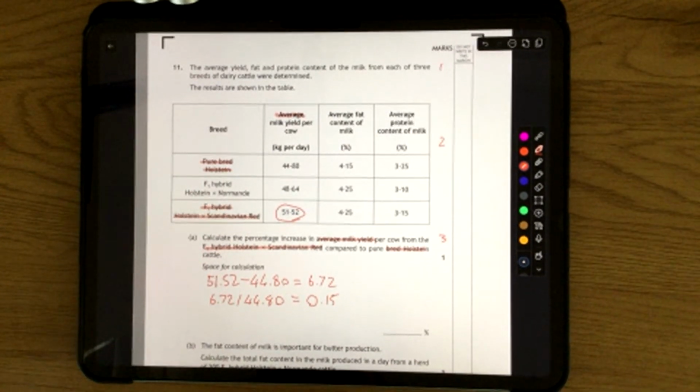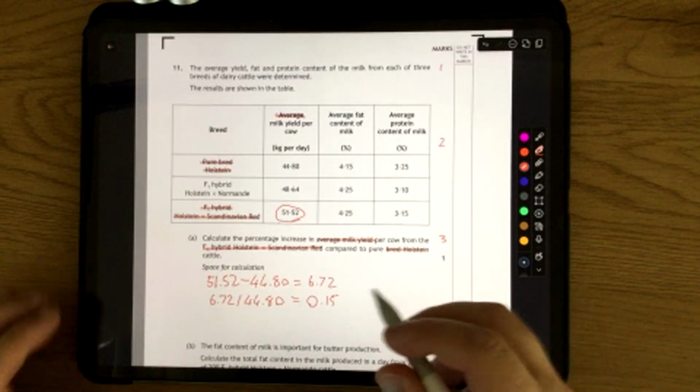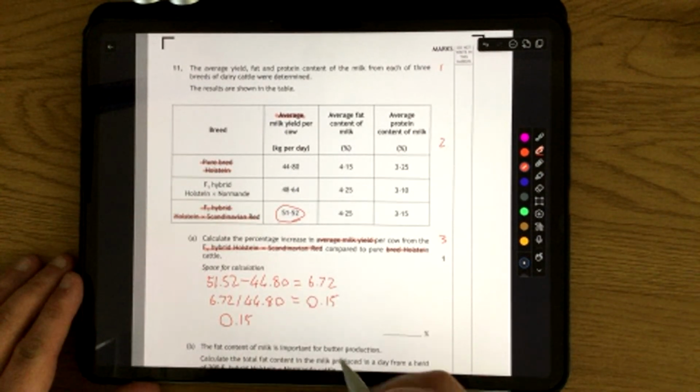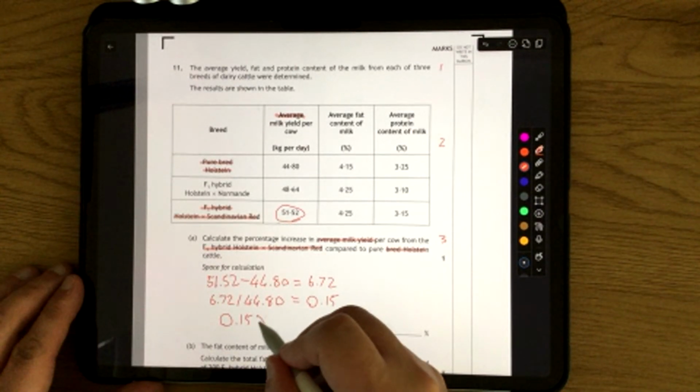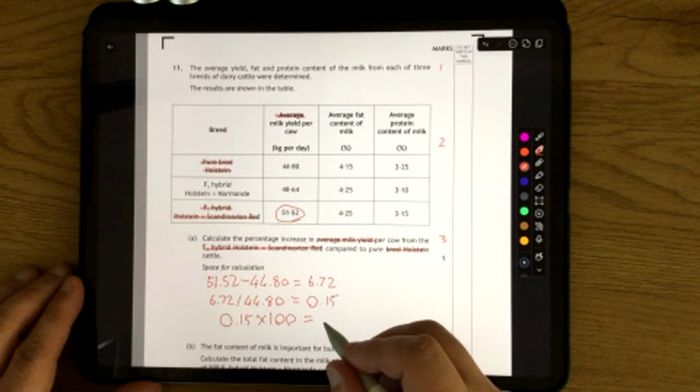Okay, so we've worked out the difference, but now because it's a percentage, we need to work out what percentage 6.72 is of 44.80. Because it's a percentage, we take 0.15 and we times it by 100, which is going to give us 15%.